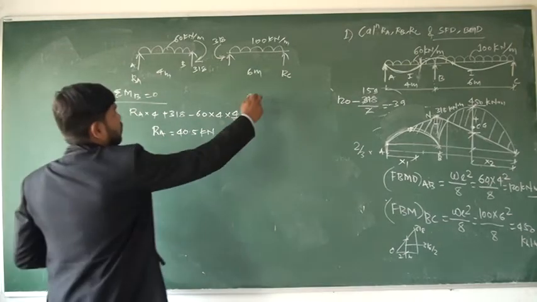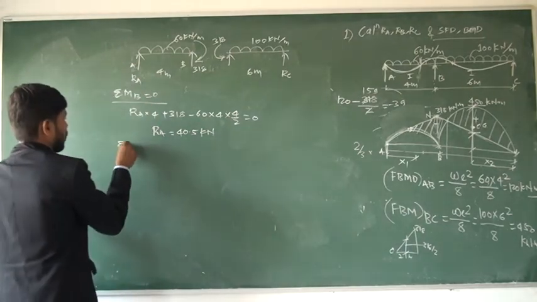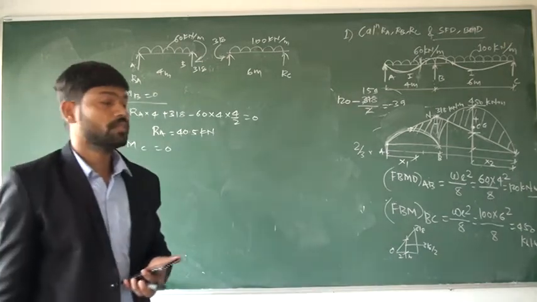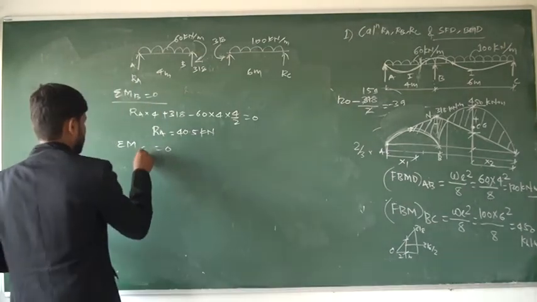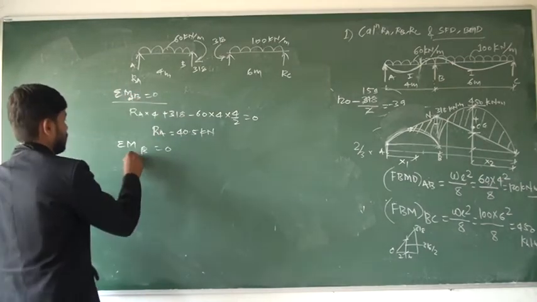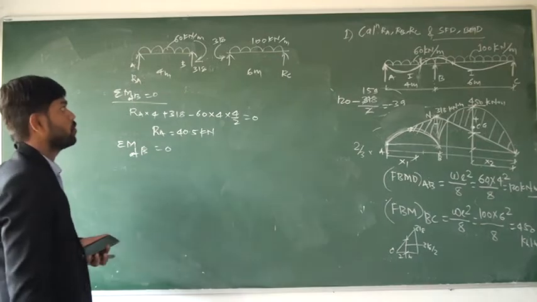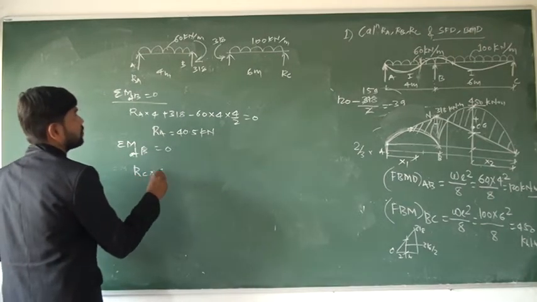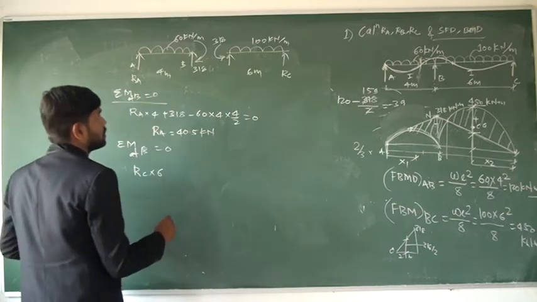Then for the second span we will take summation of all the moments at B and equate it to 0. So RC into 6 meter, this is anti-clockwise.